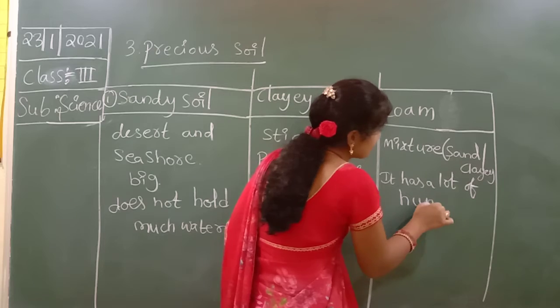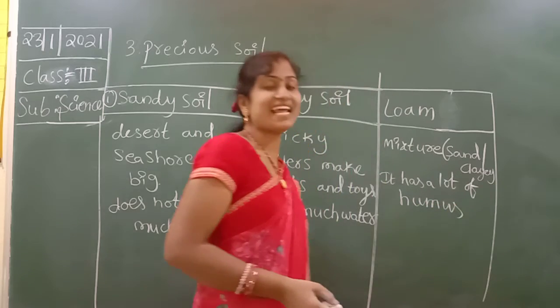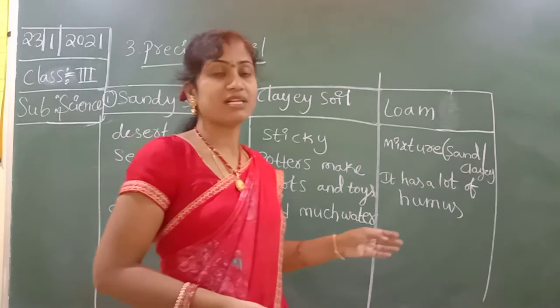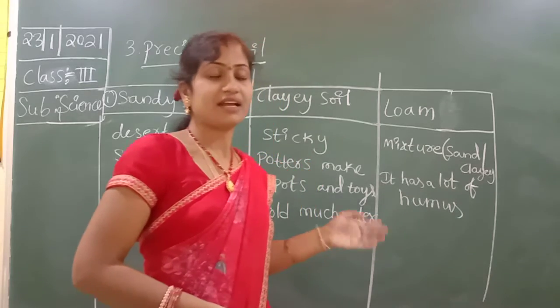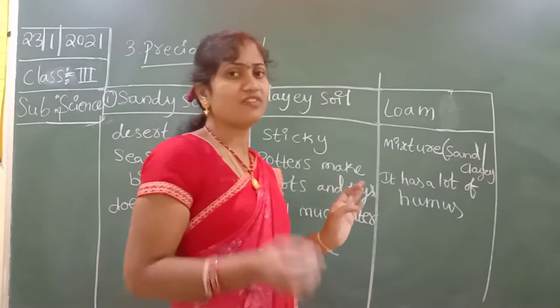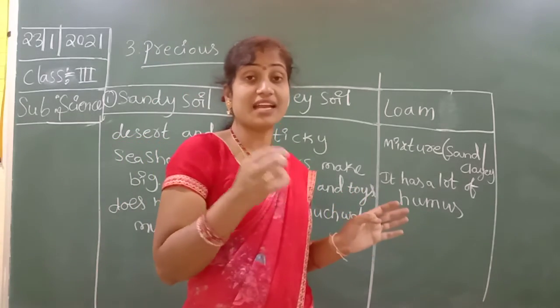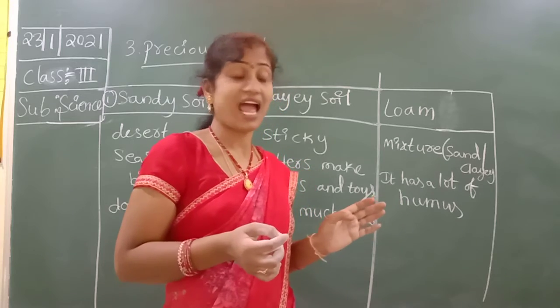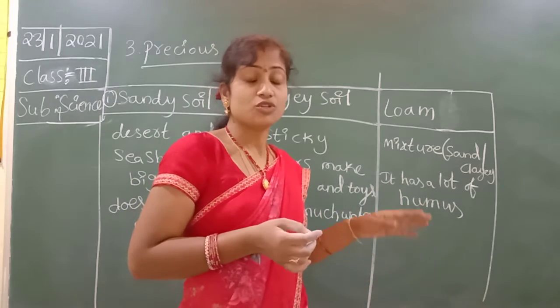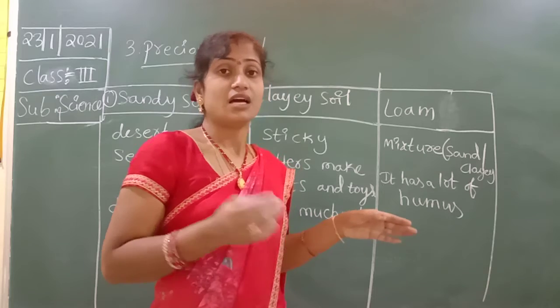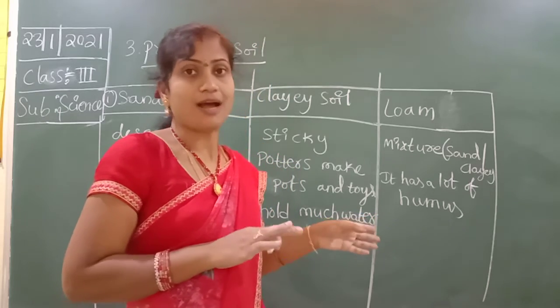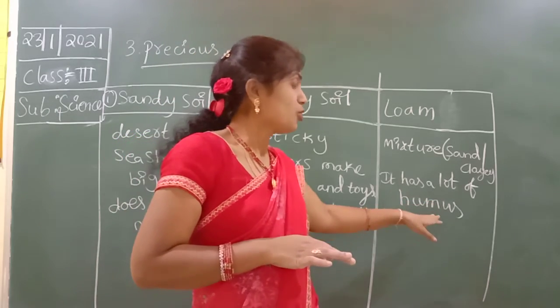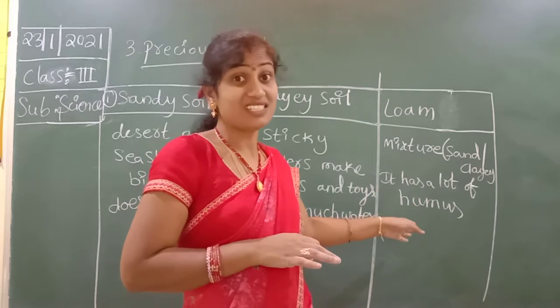Humus means, we know very well, dead and decaying plants and animals in the soil. Very small insects live there, and dead plants also make that humus. Humus is very good for crops. That's why we grow crops in that soil only.